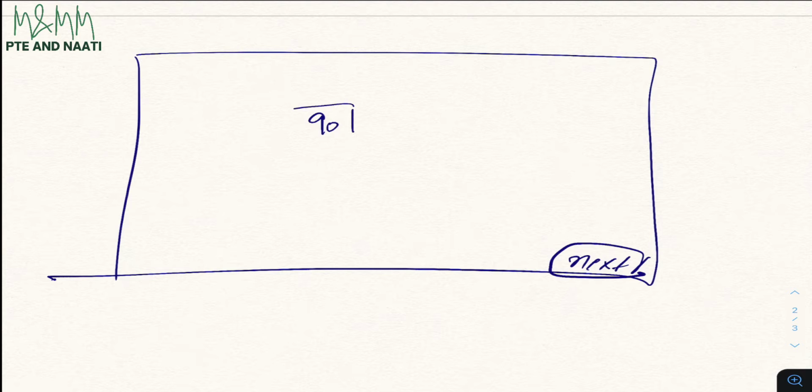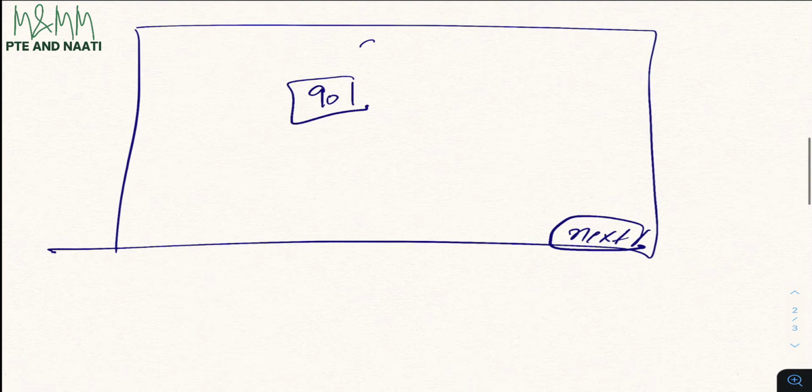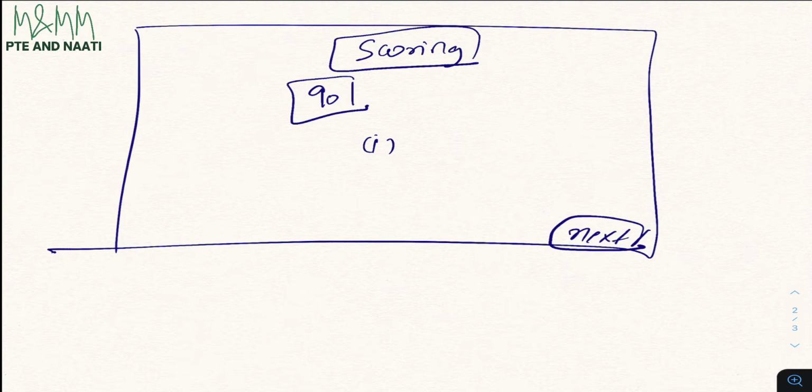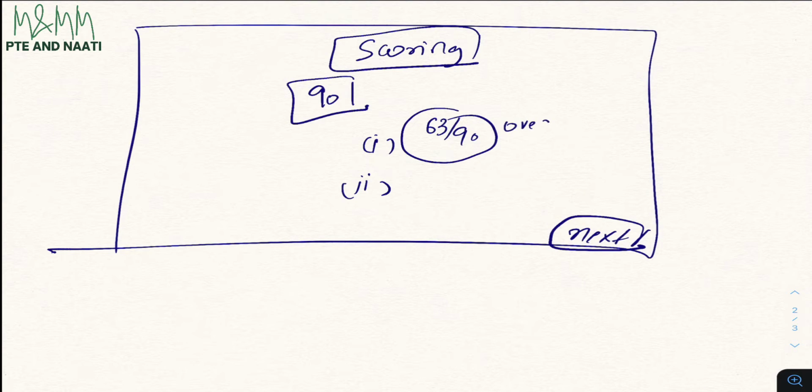So your entire exam is worth 90 marks. That's the scoring part that I'm explaining now. In order to pass your exam, there are two different conditions that we need to fulfill and satisfy. The very first one is, out of 90, you need 63 minimum overall in order to pass this exam.